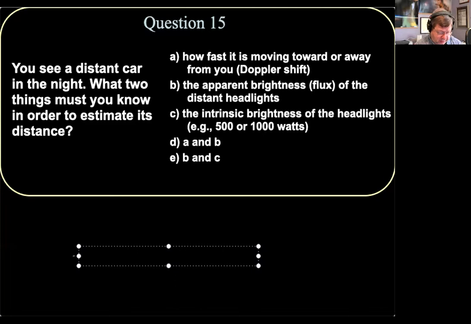Okay, so I want you to remember that the brightness of an object is equal to the intrinsic luminosity of the object, how bright it really is. So brightness is how bright it appears. Luminosity is its intrinsic brightness, how much energy it generates, divided by the distance squared. Okay, and let's ask this question again.